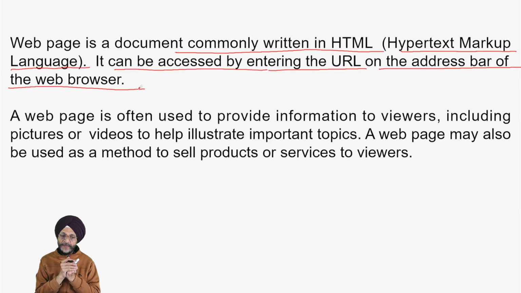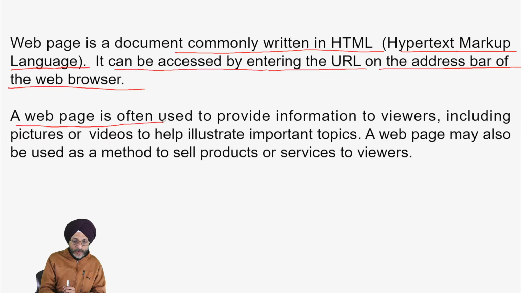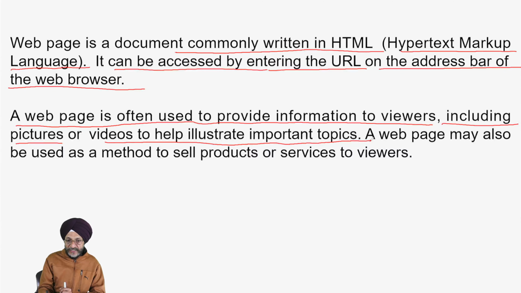Whenever you open a website, you enter something in the address bar. A web page is often used to provide information to viewers, including pictures and videos to help illustrate important topics. A web page may also be used as a method to sell products or services to viewers.